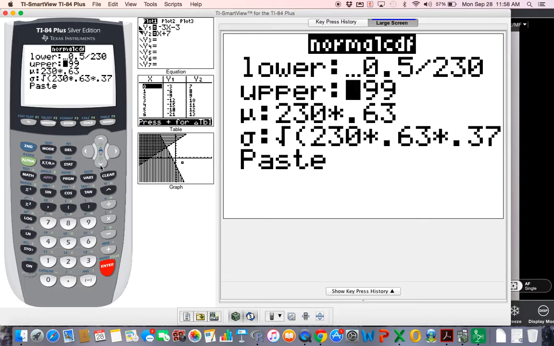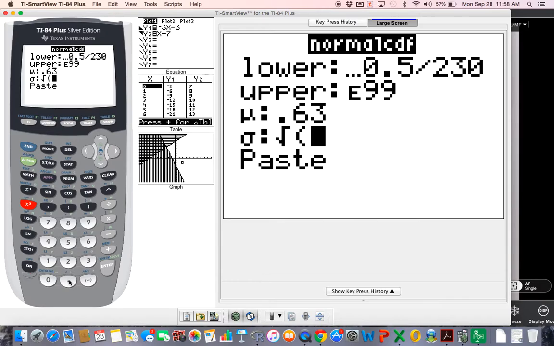Up to the E99. Guys, in this problem, the mean is 0.63. And the standard deviation is 0.63 times 0.37 divided by the total of 230.